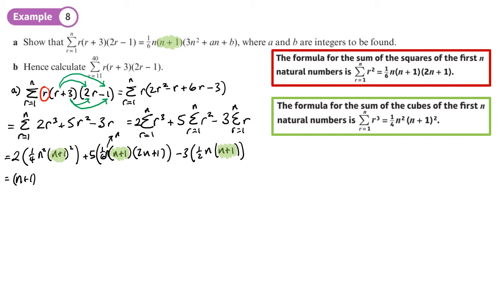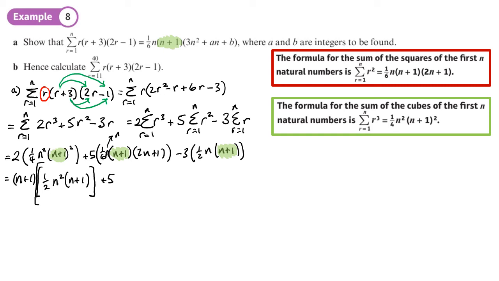See where we go. Right, so n plus 1 out as a factor. So first bracket will leave me with, now if I'm doing 2 times a quarter, that's going to be a half. So let's do a half n squared, but I'm still left with n plus 1 because I've only taken one of those n plus 1s out as a factor. Second bracket, right, so plus 5. I'm taking the n plus 1 out as a bracket, so there should be big brackets around this whole thing here.